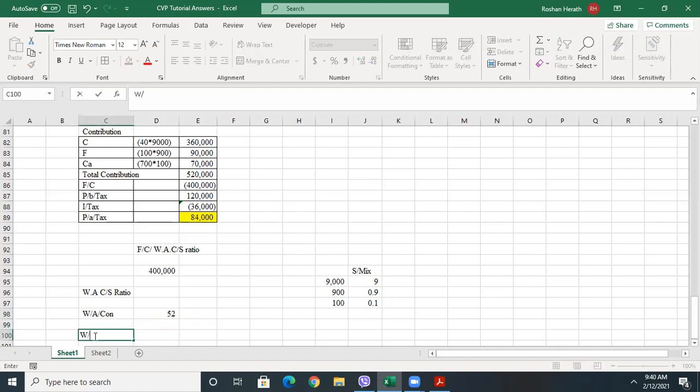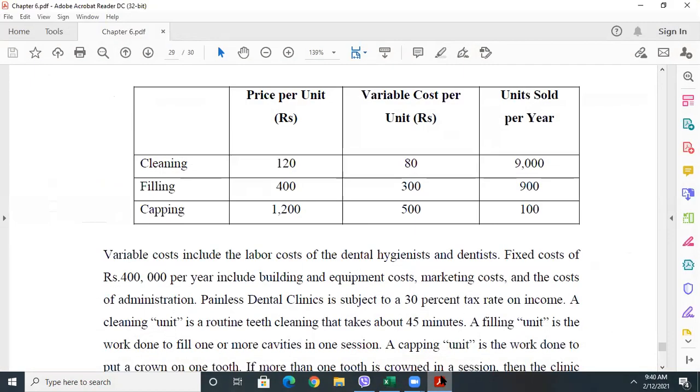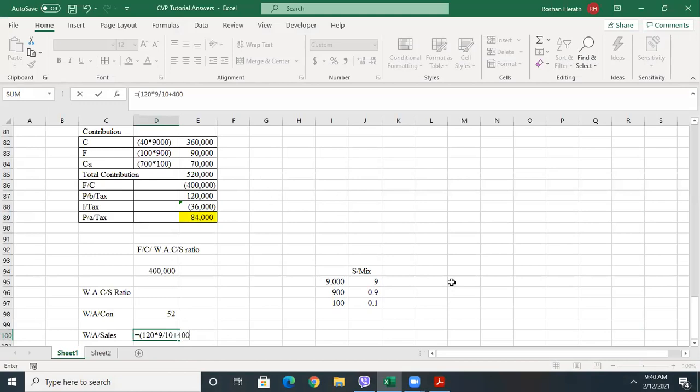Then what about the weighted average sales? The weighted average sales, you can get 120, the first one, that is into 9 divided by 10, plus the second one, sales price 400, that is into 0.9 divided by 10, plus the final one, sales price 1,200 into 0.1 divided by 10.